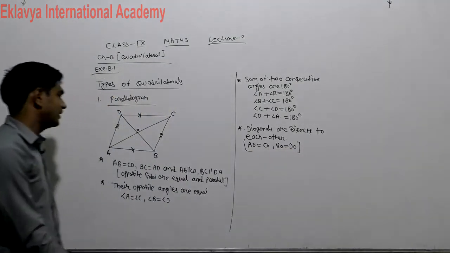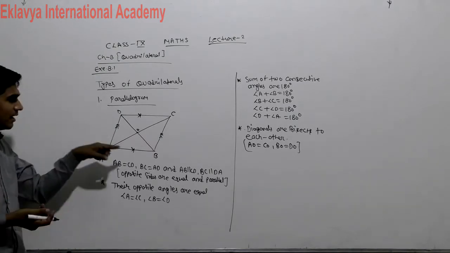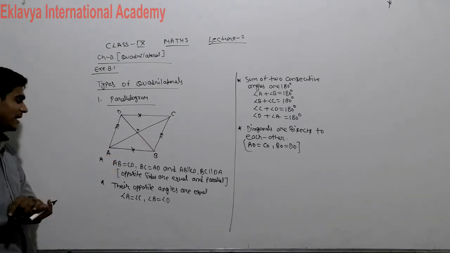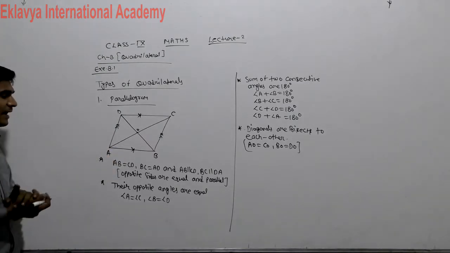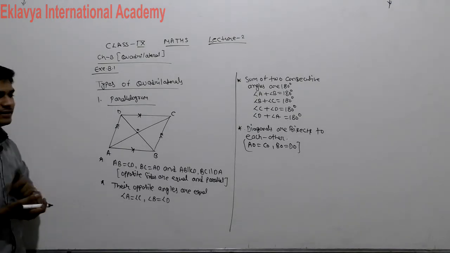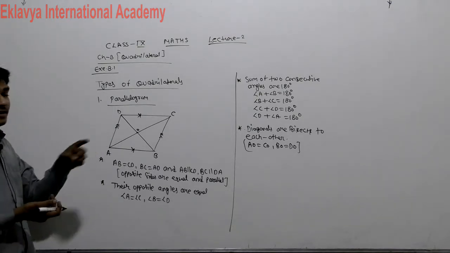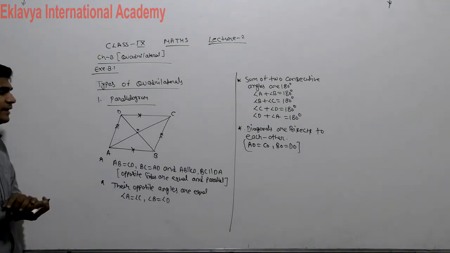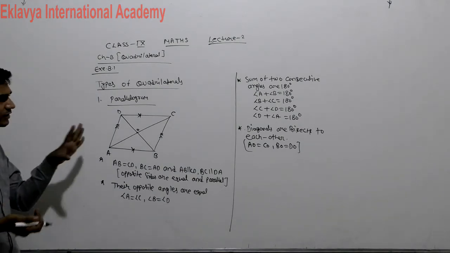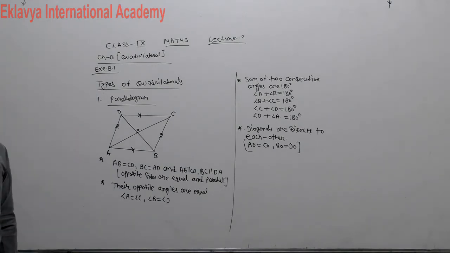So first property, in that parallelogram, opposite sides are equal and parallel. Their opposite angles are also equal. Sum of consecutive angles is 180 degrees and diagonals bisect each other. Right? So these are the 4 properties of the parallelogram.